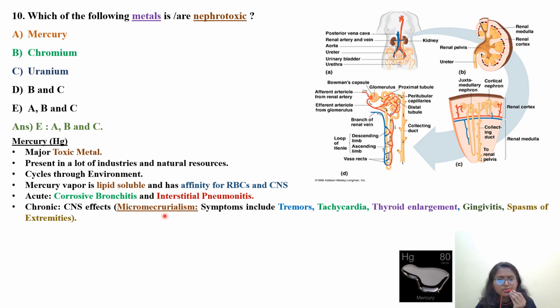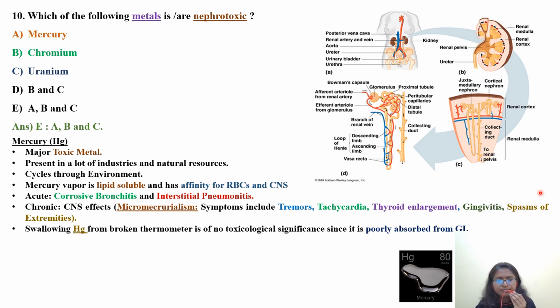You have to learn how bioamplification and biomagnification take place even at lower concentrations. The symptoms include tremors, tachycardia, increase in heart rate, thyroid enlargement, gingivitis, spasm of extremities. In these patients, tremors will be there; their hands and limbs will be continuously shaking.